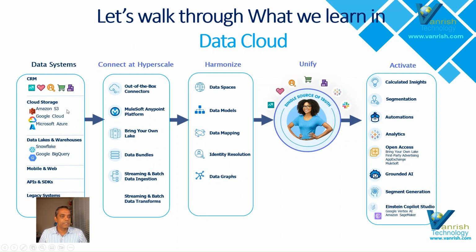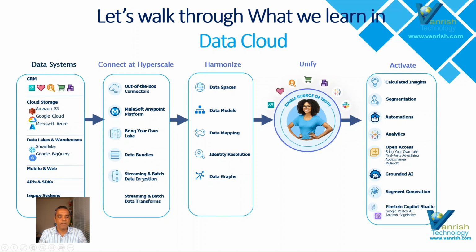All this data is ingested into Data Cloud through the inbuilt Data Cloud connectors, and a couple of options are available. You can use the MuleSoft Anypoint platform. You can use your own lake, like Snowflake or Google BigQuery. You can use a data kit bundle, bundle it, and then directly import it into Data Cloud.